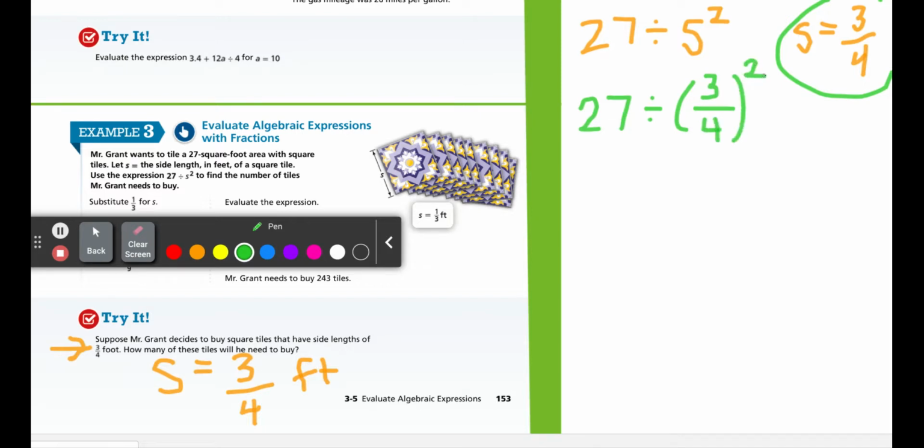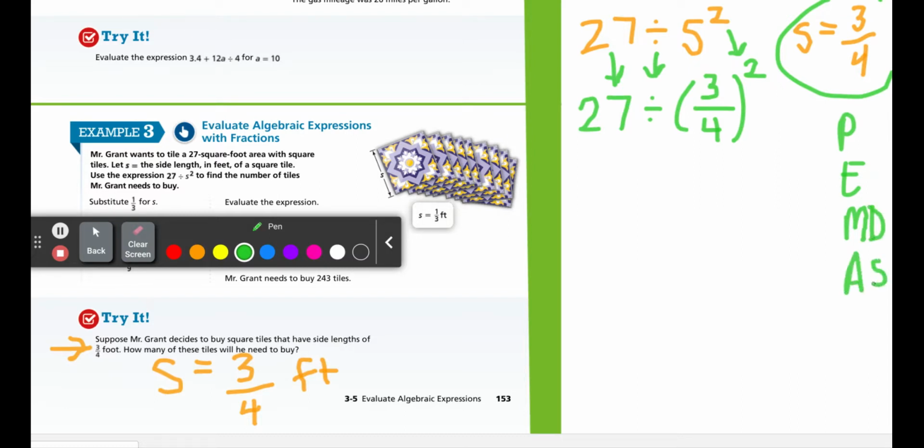So that algebraic expression stays exactly the same. Now we're just getting rid of the variable and plugging in the value they gave us. Everything else comes down. 27 came down. The division sign came down. We plugged in the value for the variable. The exponent stays there. Okay, now we're going to solve this expression using the order of operations.